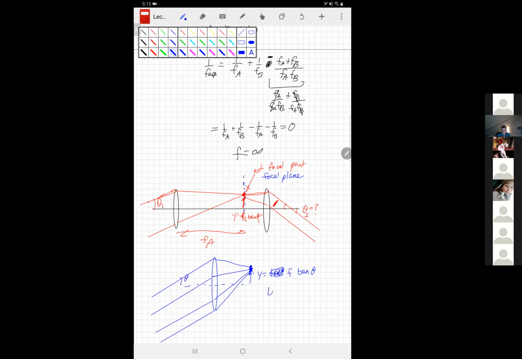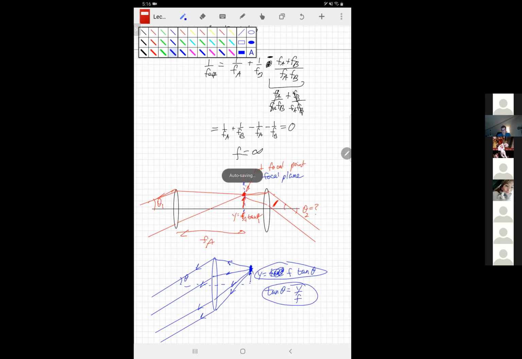I could just as easily write that as tan theta equals y over f. And then when they turn around, if I put some reflector there, they could go back through the lens, and they would all be traveling at an angle given by this. These are the same equation, really. They're written out differently, but they're the same relationship.